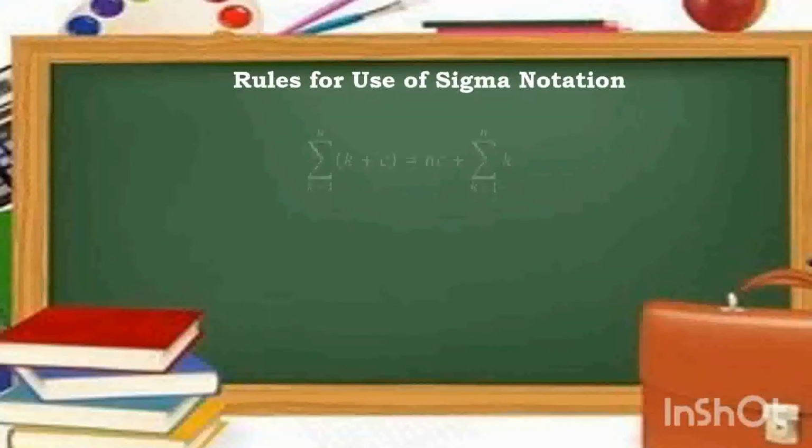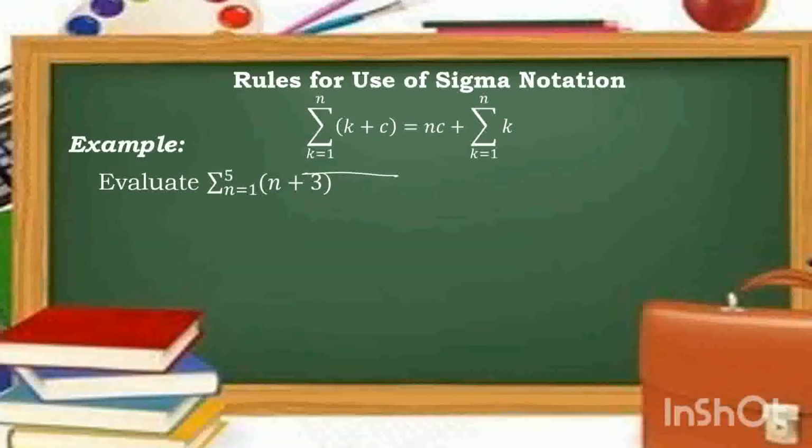For the third rule, if we are given a sigma notation in this form, we will just multiply n and c, where n is the upper bound and c is the constant, plus the summation of k as k goes from 1 to n. So for example, evaluate n plus 3 as n goes from 1 to 5. So n here is 5 and c, the constant, is 3.